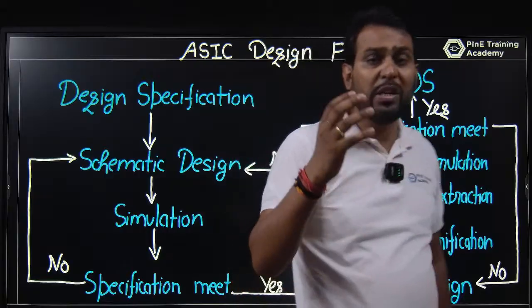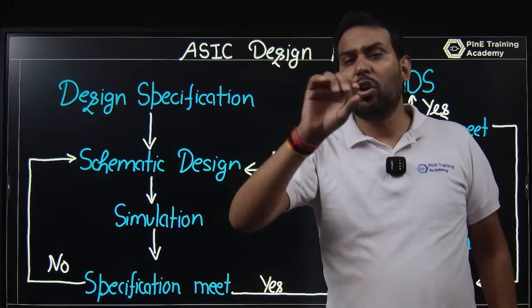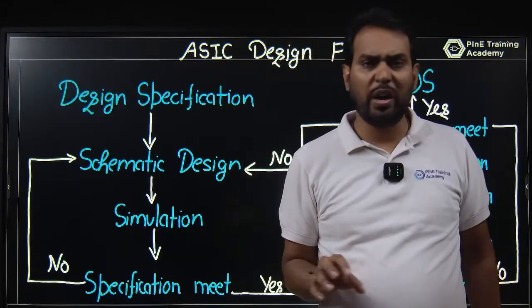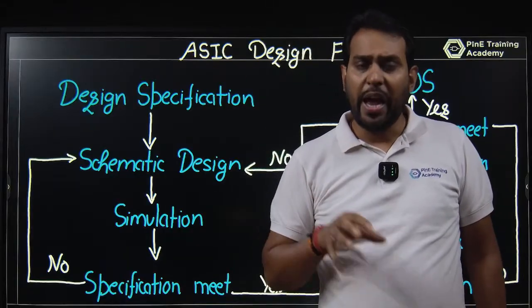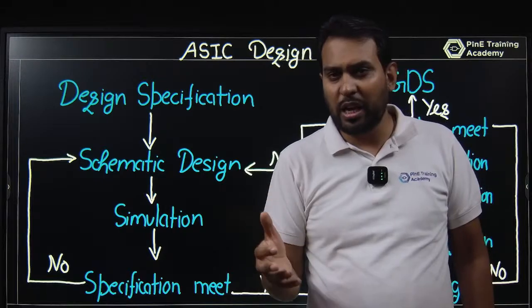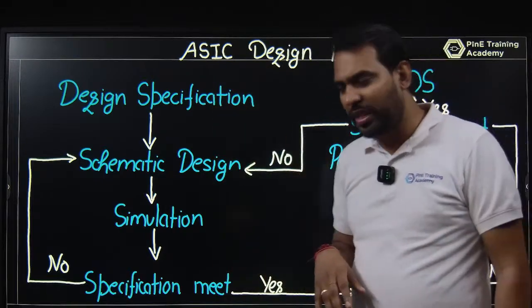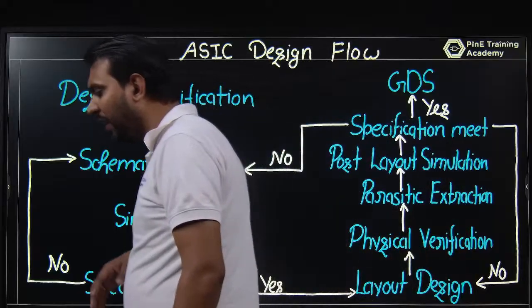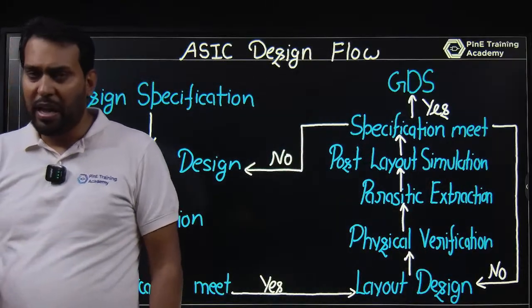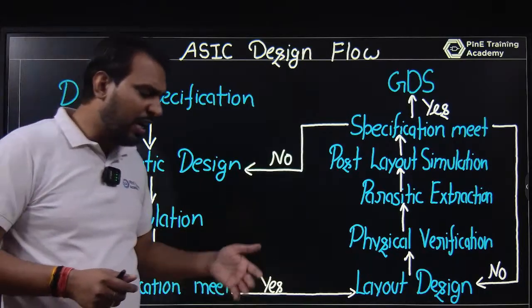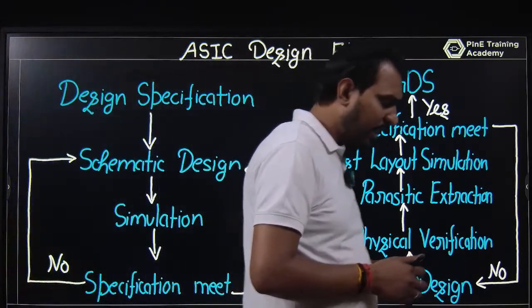Full custom layout means you are designing everything, like PMOS or NMOS, from the base layer. And semi-custom layout design means they call standard cells, like a PMOS or NMOS from the GPDK or from TSMC, as available. Most companies work in semi-custom layout design.